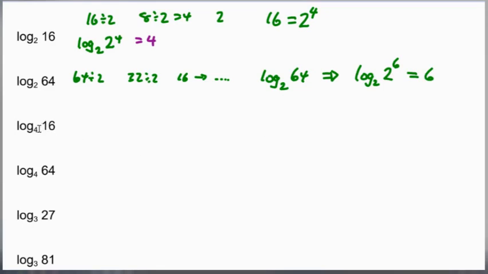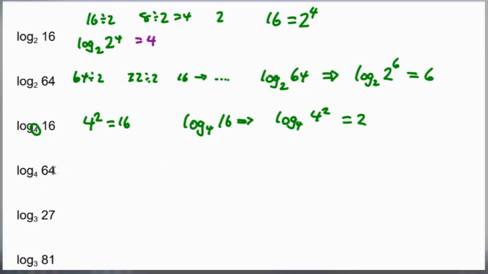Oh, be careful. Look at this. This is a base 4. Well, I know that 4 squared is 16, but I could have taken 16 and divided by 4. So log base 4 of 16 is log base 4 of 4 squared, which is 2.